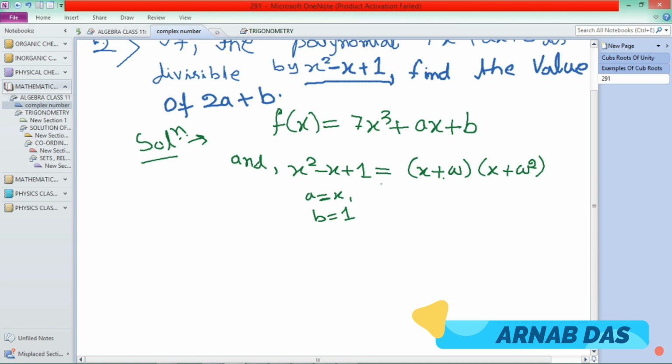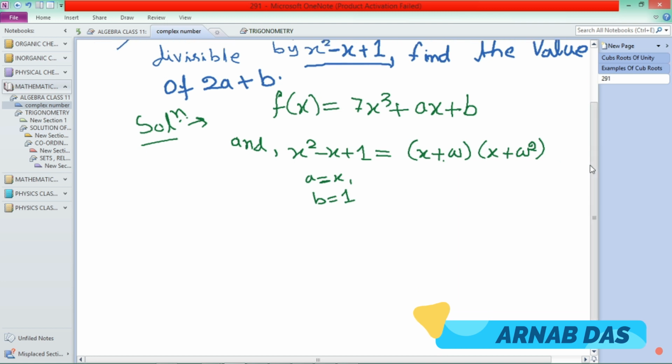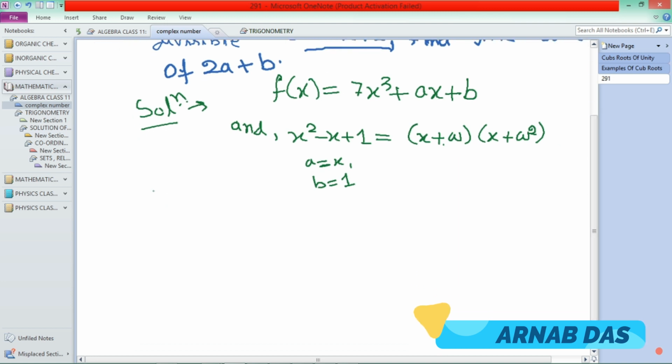Here the condition is that f of x is divisible by x square minus x minus 1.